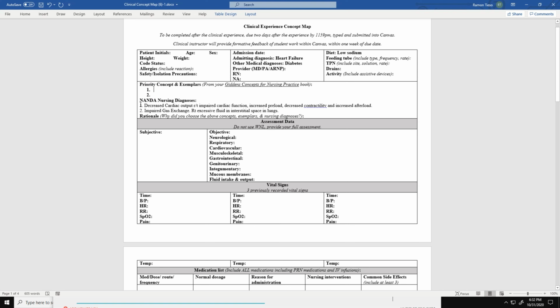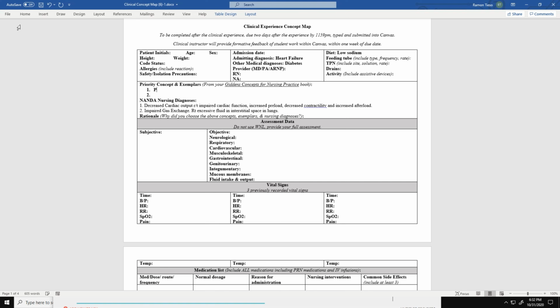And I don't mind if you end up saying the same thing that you said up here. In fact, I think it's okay. You're just saying it with two different forms, one of them using the nursing diagnosis and the other one using the Giddens. Now, you may have an instructor that tells you that they want you to have different things, address different problems, and then that's what you would do. And you wouldn't pick the two that I picked.